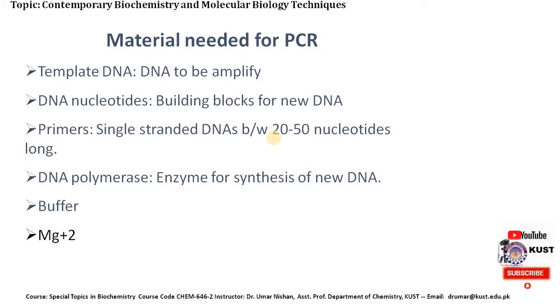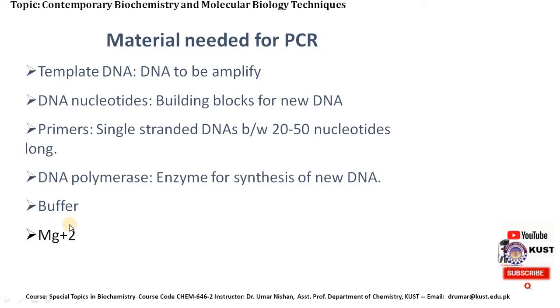When the two strands are separated, the primers have the ability to anneal with them, and then the DNA polymerase enzyme, which is also very important for conducting PCR, can recruit the building blocks, the DNA nucleotides that are freely roaming around in the reaction mixture, and this enzyme works in the synthesis of new DNA.